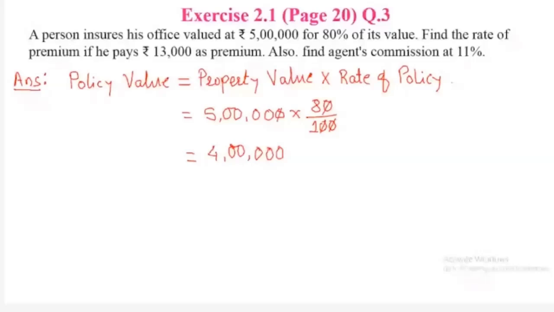Next, policy value होने के बाद, what is the next step? Premium. They have given you premium, but they have not given rate. थोड़ा सा उल्टा है, but anyway, we'll write that formula premium. Premium is given to you, rate निकालना आपको.